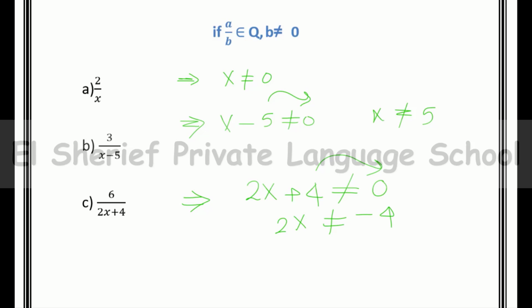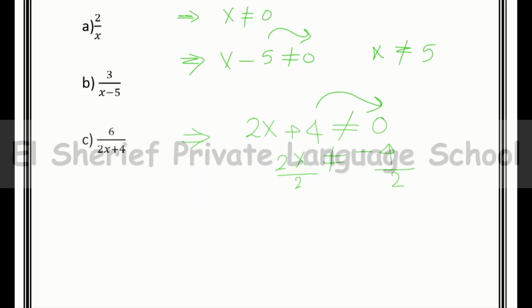I want to leave x alone, so divide by 2. Okay, cancel 2. x doesn't equal negative 4 over 2, which equals negative 2. So x must not equal negative 2. We finished our lesson.